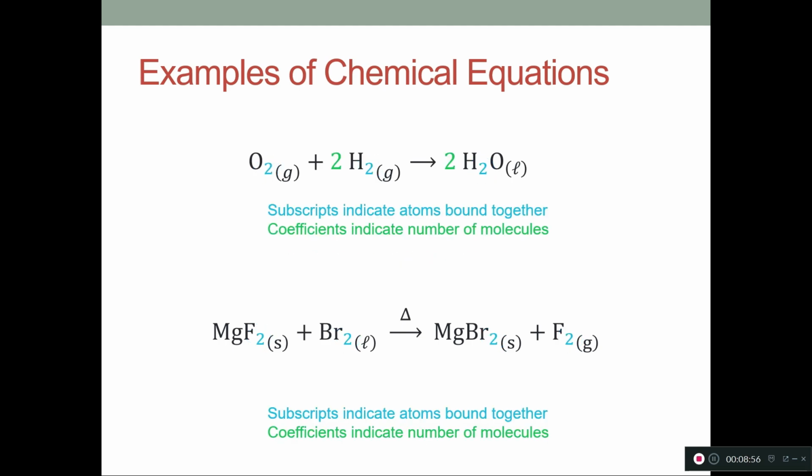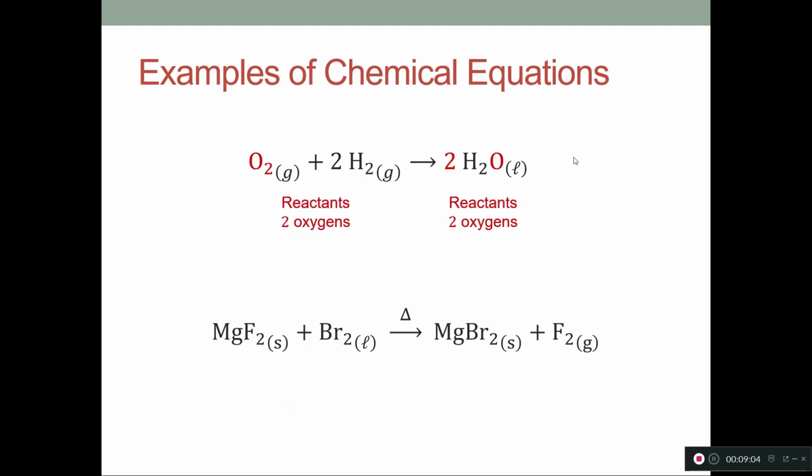And so recall that the subscripts indicate the atoms bound together, and the coefficients indicate the number of molecules that are actually present. So when we're trying to balance something like this, we see that in the reactants there are 2 oxygens, and in the products there are 2 oxygens, meaning that those are balanced.